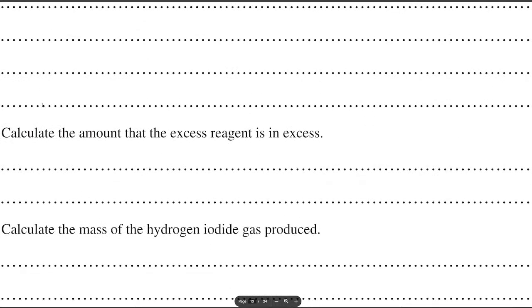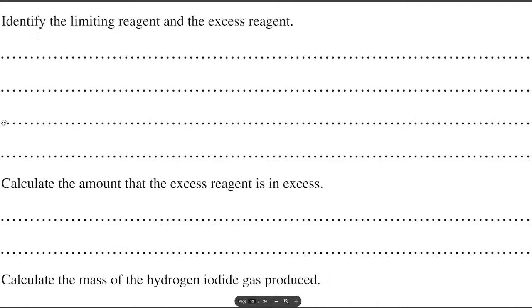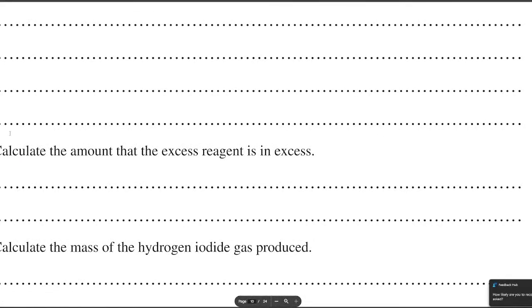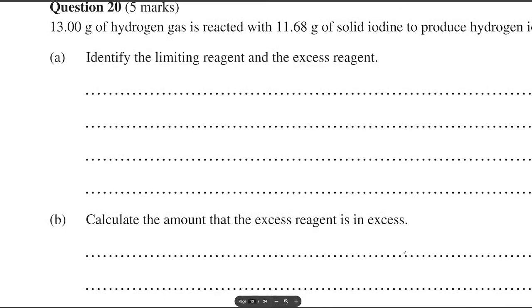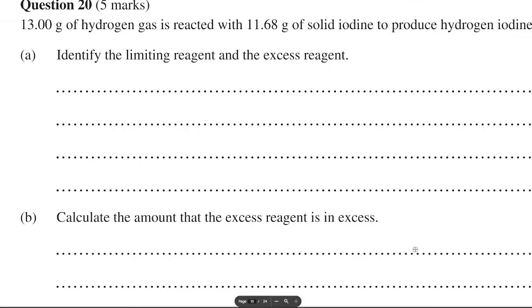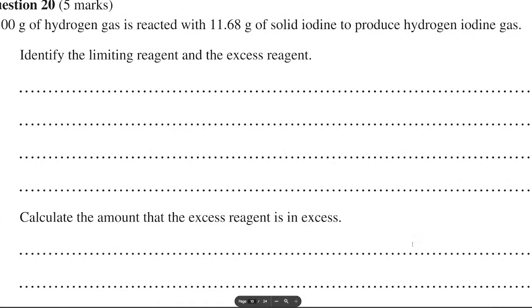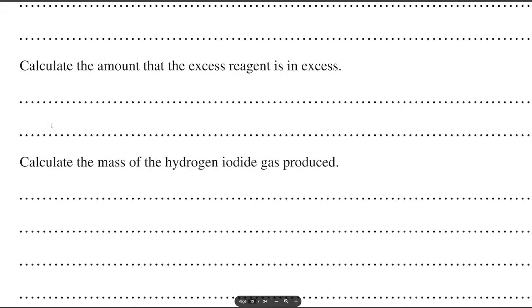But if hydrogen is less, or iodine is more, then iodine is in excess. So calculate the amount. So you just, why is it asking me that? So the amount, you find the number of moles that is away from the ratio, subtract it, you get the moles, and you get the molar mass, and you find the grams.